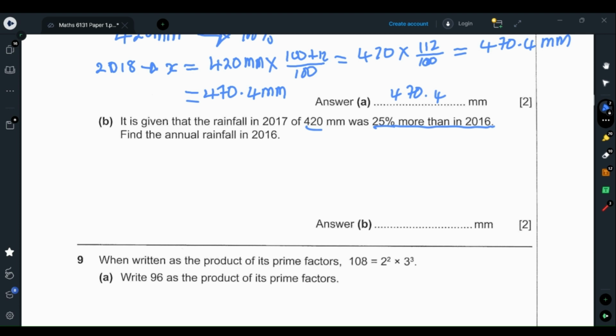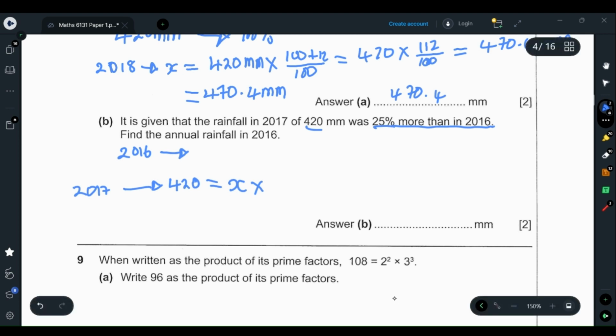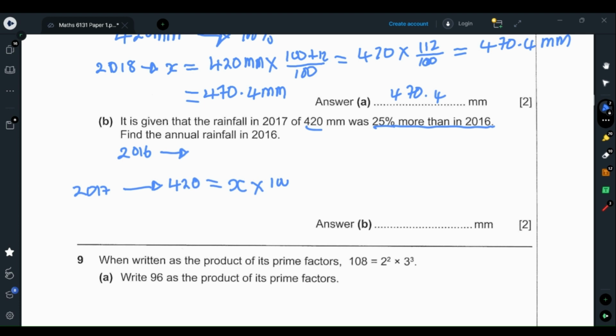So we want to find how much it was in 2016, if the rainfall of 420 in 2017 was actually a result of multiplying the rainfall in 2016, which is x, which we do not know, by 1, assuming that in 2016 it was 100. So it was 25% more.